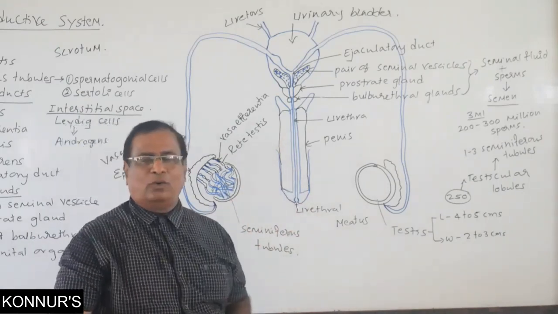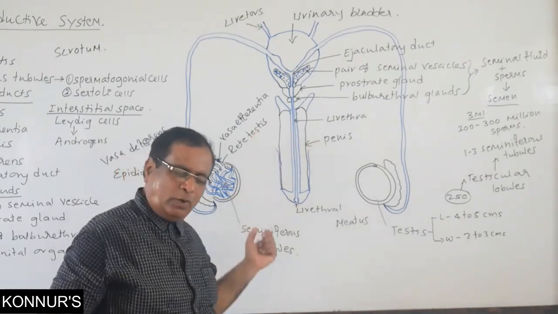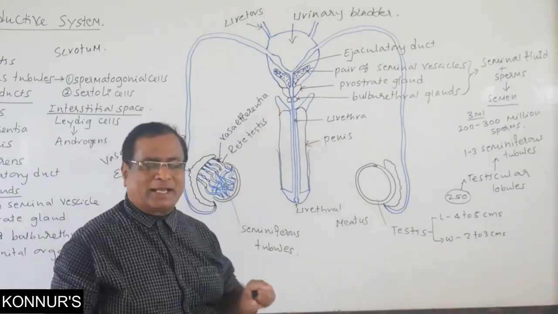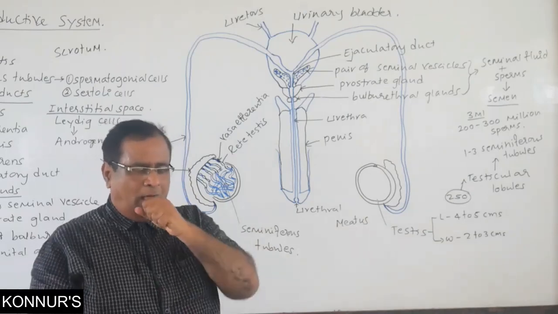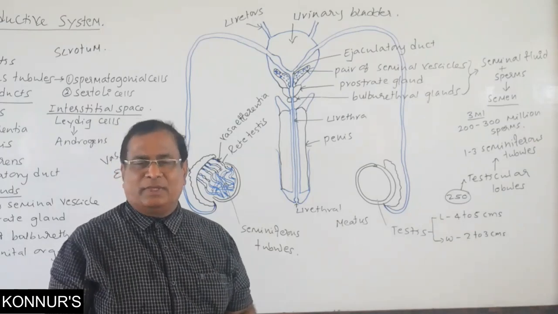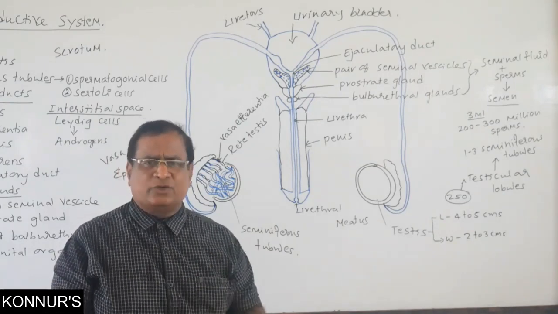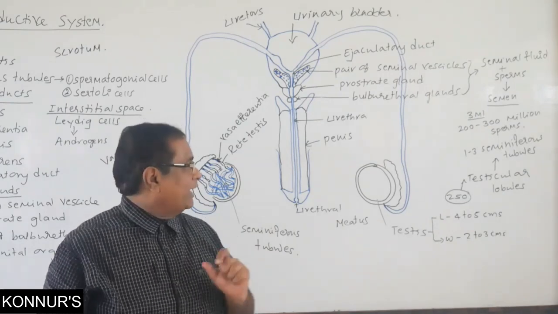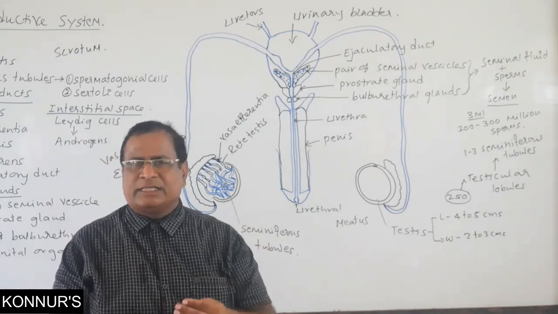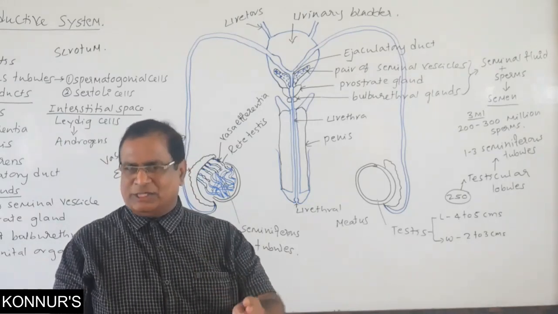By this, we have come to know that the urethra originates from the urinary bladder, and the ejaculatory duct is also connected to this urethra, so this male reproductive system is said to be the urogenital system. Why is it said to be the urogenital system? Both the excretory system and the reproductive system are in association.